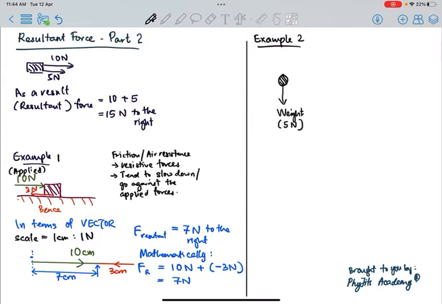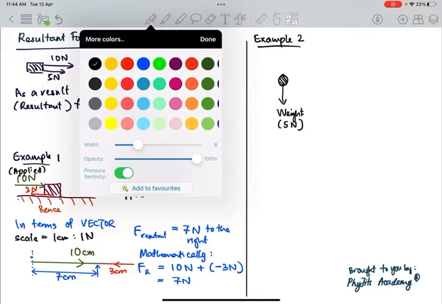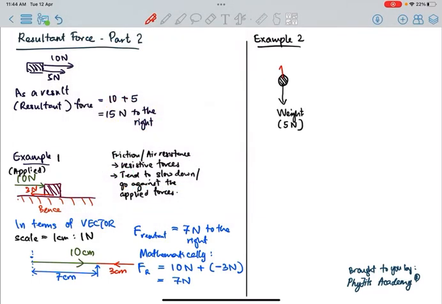And as it is falling, it is also experiencing air resistance of 2 Newton. Right? So what is the resultant force acting onto the ball? That is what we are concerned with here.